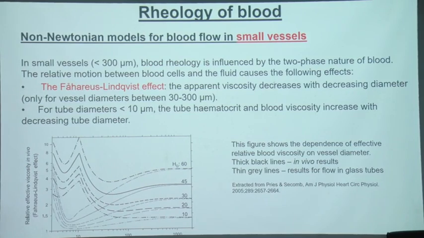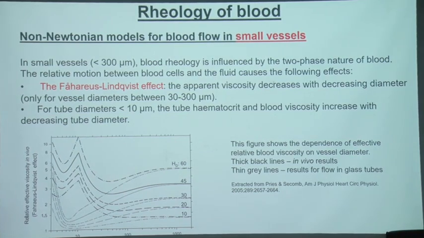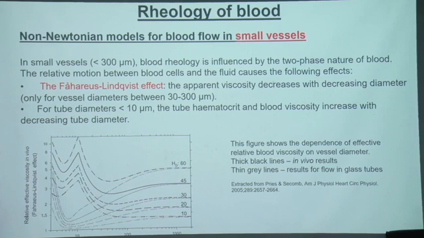If you look at the small vessels, when we talk about small vessels, we mean that their diameters are usually less than 300 microns. For blood flow in small vessels, the blood rheology is strongly influenced by the two-phase nature of blood.